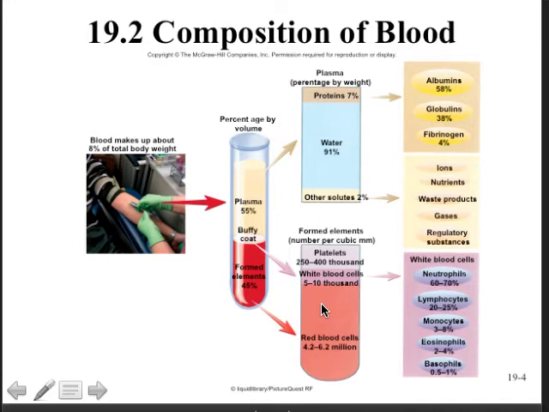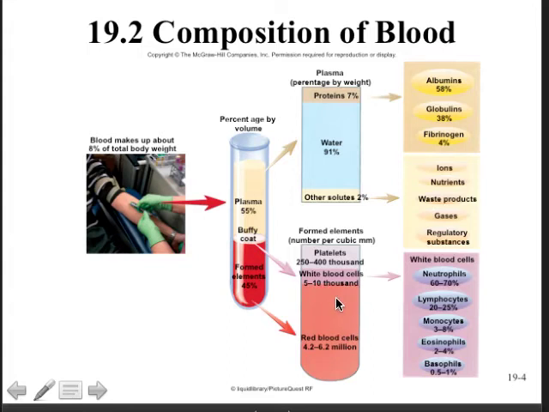They are anucleate disc-shaped cells filled with hemoglobin and carbonic anhydrase, and their job is essentially to escort oxygen around the body from the respiratory system ultimately to metabolically active tissue, at which point they deliver their oxygen payload and pick up a small amount of carbon dioxide. Most of the carbon dioxide that's carried away from active tissue is actually carried in the plasma.